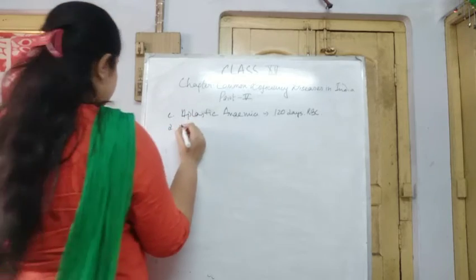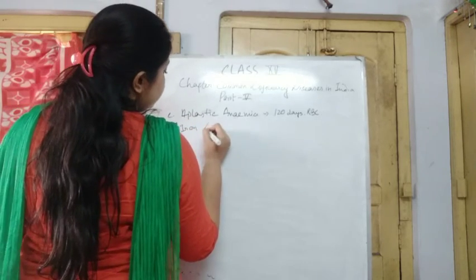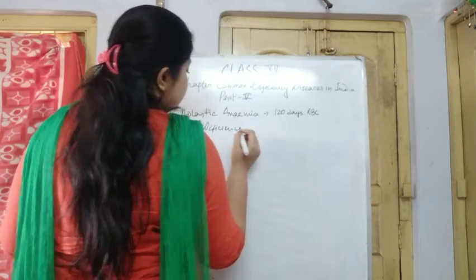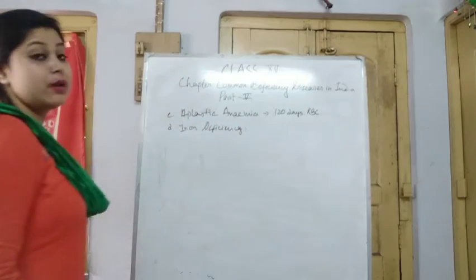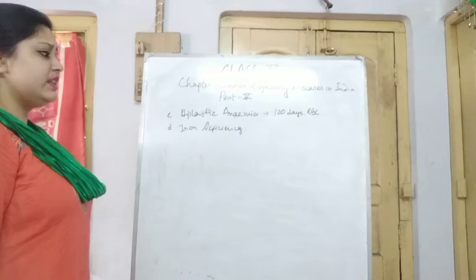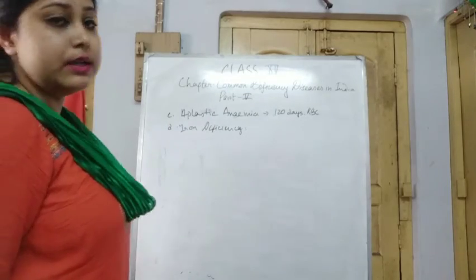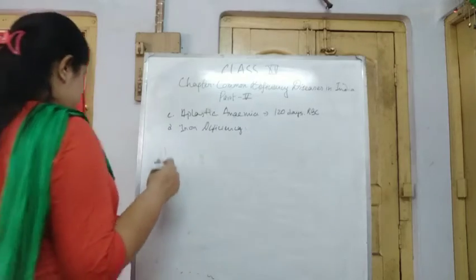The next is iron deficiency anemia. When there is a deficiency due to malabsorption of iron or lowering the consumption of iron, it leads to iron deficiency anemia.